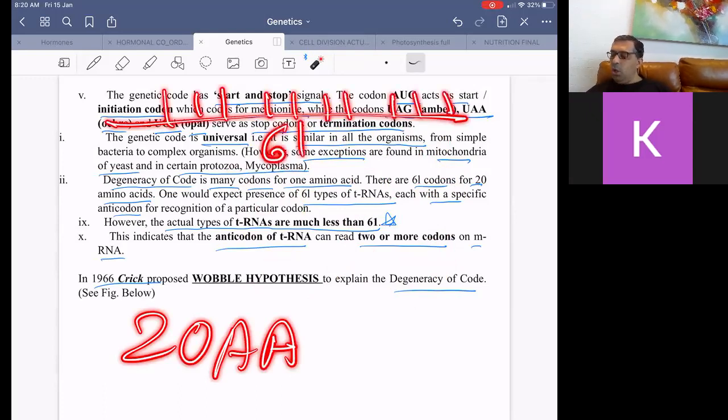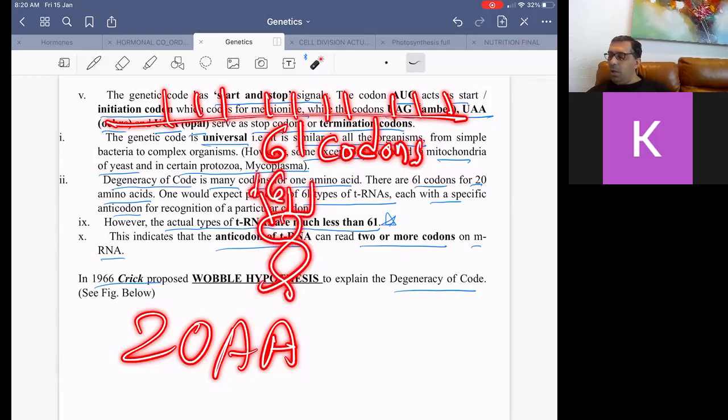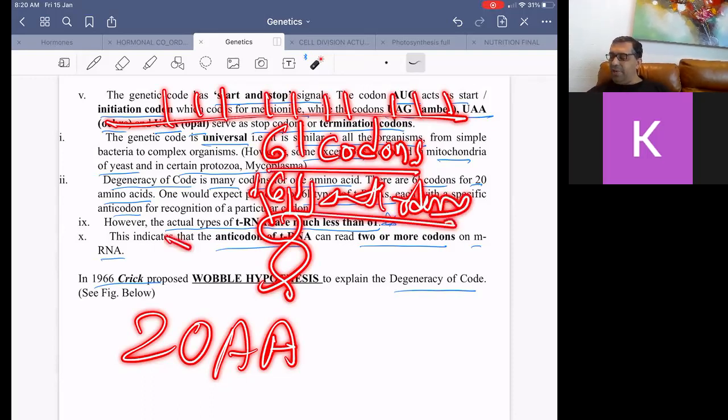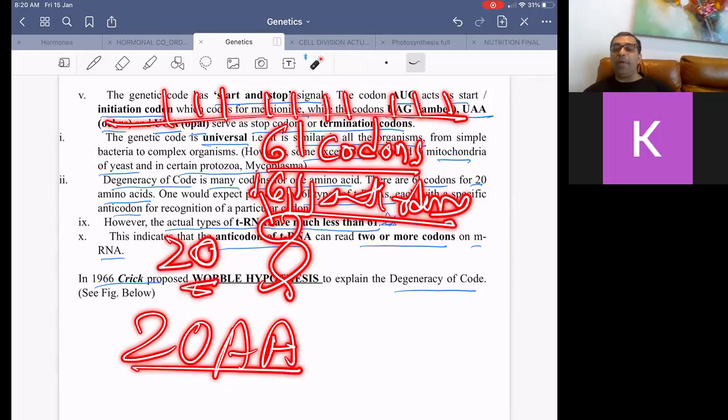So now the question is, do we have 61 types of anticodons for 61 types of codons? Or do we have 20 types of tRNA for 20 types of amino acid? Because every tRNA has a specific amino acid.